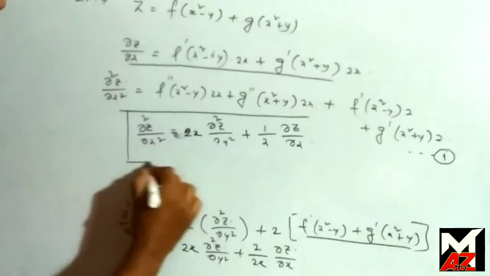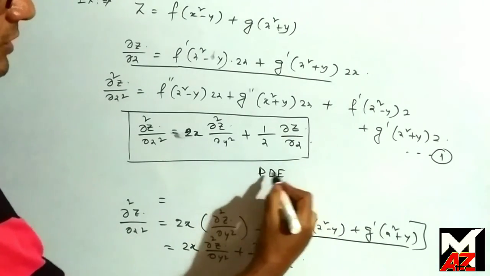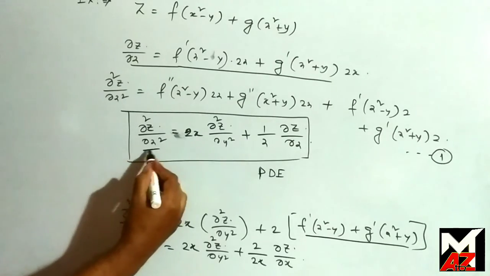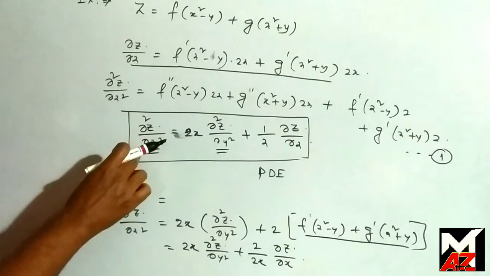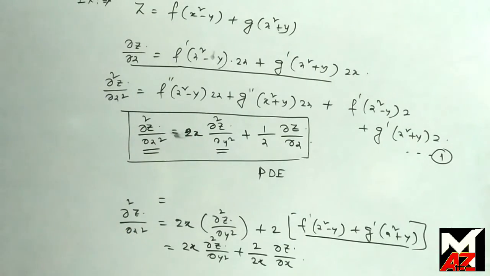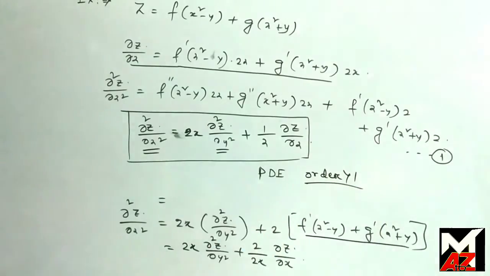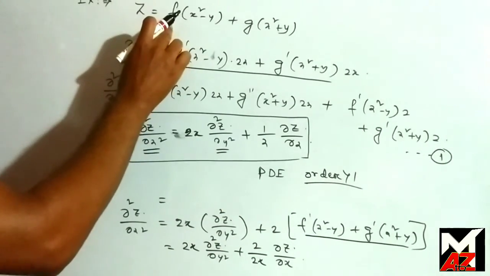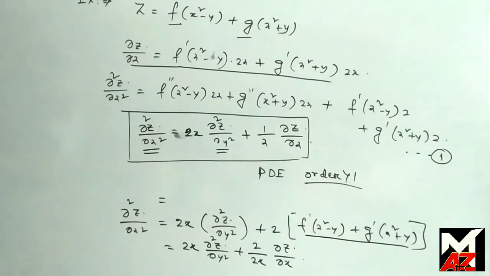This is the required partial differential equation, and obviously this is of order 2 because here del 2z by del x2, del 2z by del y2 are involved. So the order is greater than 1 since this relation involves more than one arbitrary function.